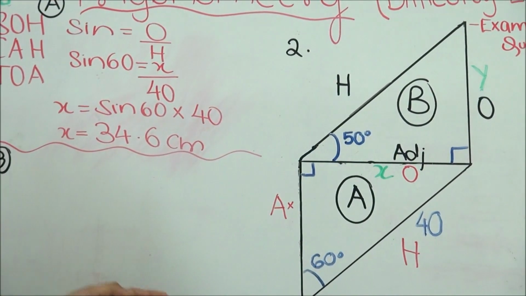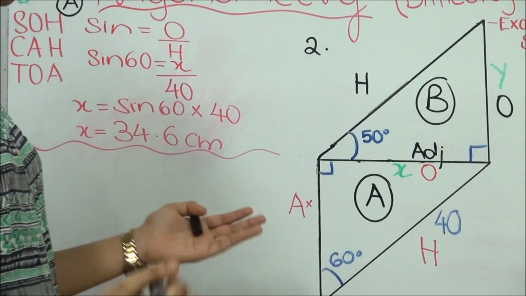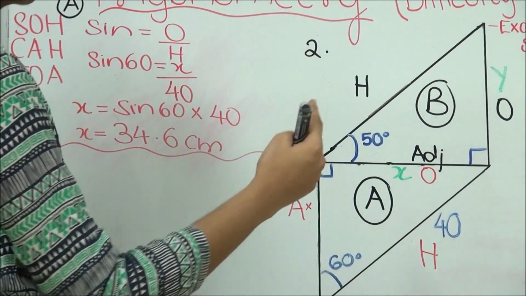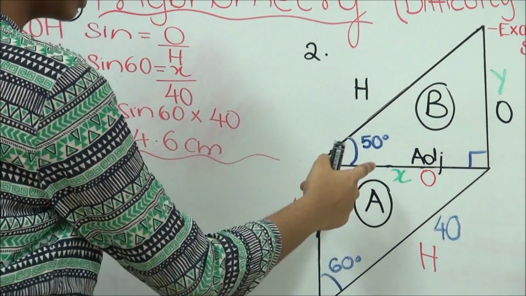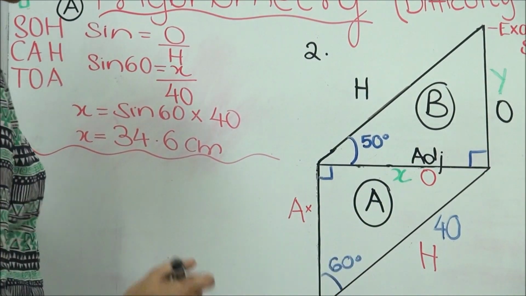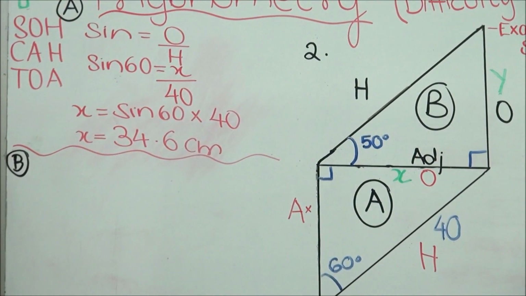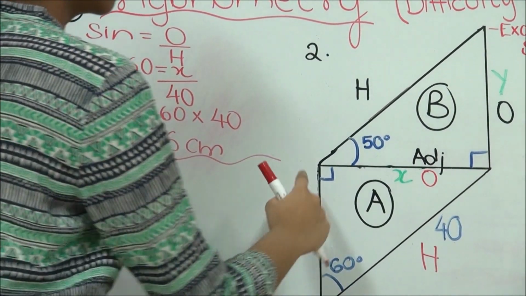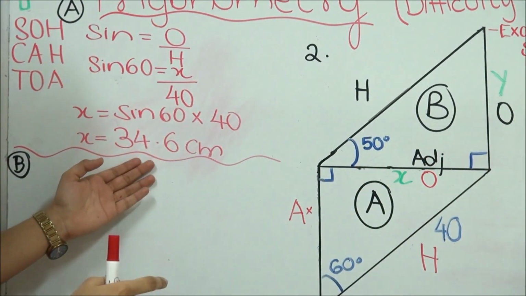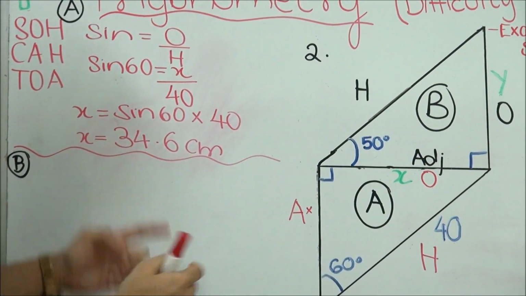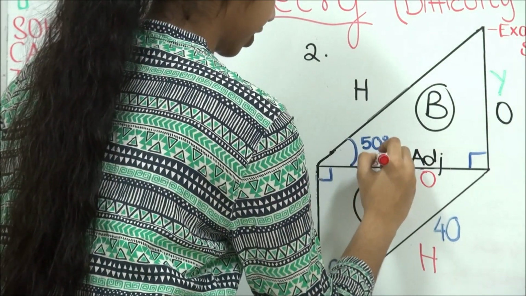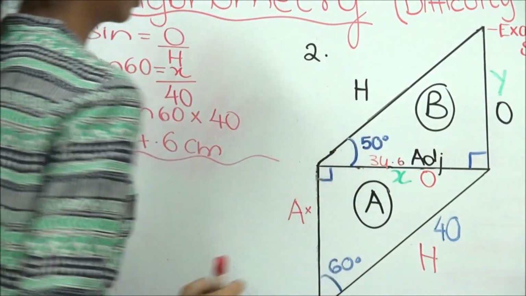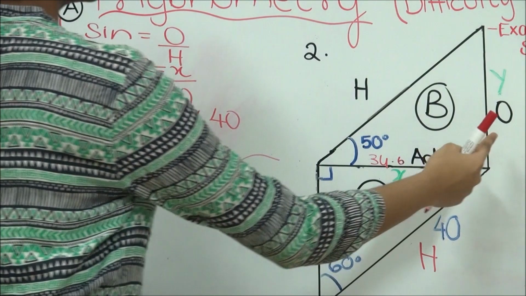As I said in the previous question, surprisingly, all the sides had similar names, but in this you can see that it's not the same. So now let's start solving. We have the adjacent that we found in the first question, which is 34.6. Let me just write this here. 34.6 centimeters. And we need to find y.